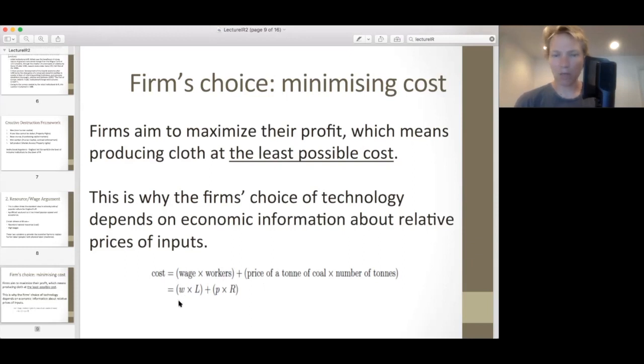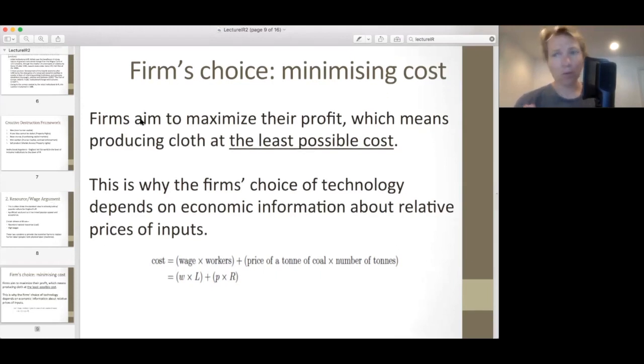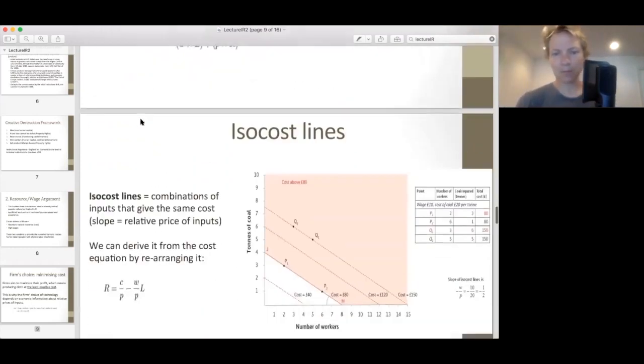We're going to denote that by W times L. They're also going to be able to use coal. So we're going to do the price of coal times R, which will be the amount of coal. Again, this should all just be a review if you've had intermediate micro. If you haven't, just think they're replacing workers with coal.